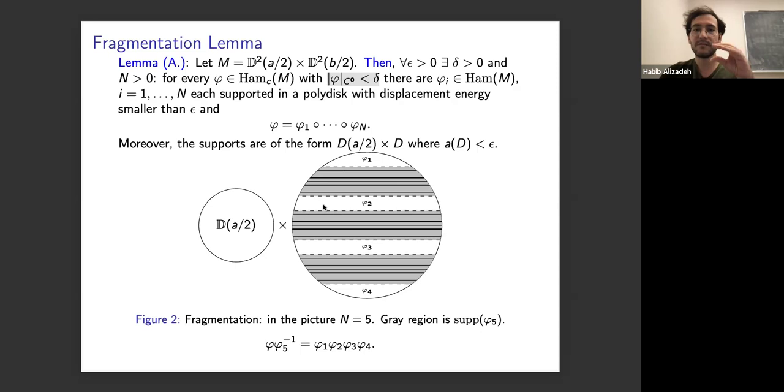And that's the only thing you need for the whole thing to work. So if your C0 norm is small enough, depending on the size of these strips, so that each small strip is contained inside the bigger one under phi, then you're fine. So that is how small C0 needs to be.